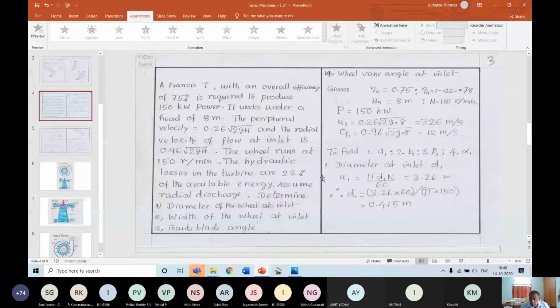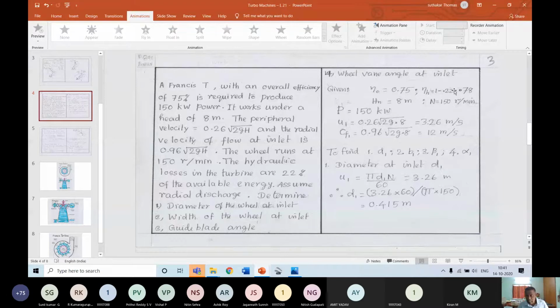Now, between these two efficiencies, at least in the academic numerical problems, overall efficiency is usually given to determine the volume flow rate. Hydraulic efficiency will be given so that you can find out the work component at inlet to solve the velocity triangle. Usually it is like that.